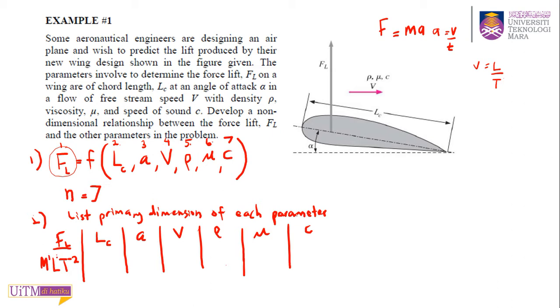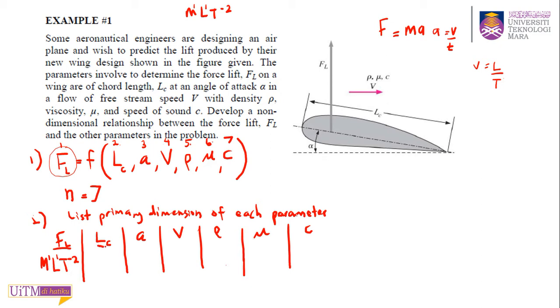M1, L1, because you will use that to calculate later on. So it's betul lah, this only M, L and T minus 2, but make it a process. You label every number of that primary dimension. For M is 1, L is 1. Okay, so that's why I write here M1, L1, T minus 2.